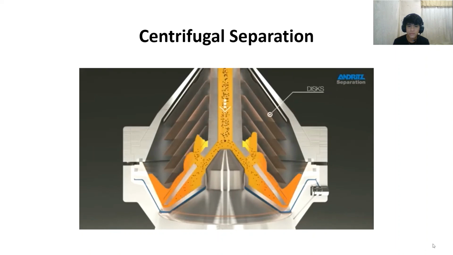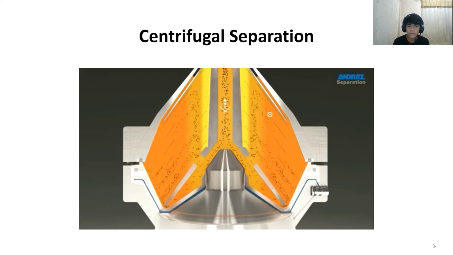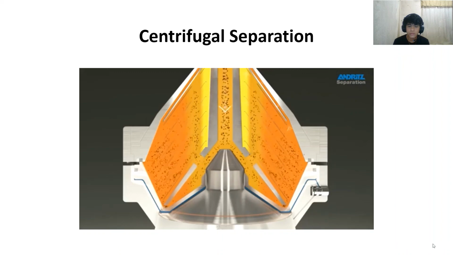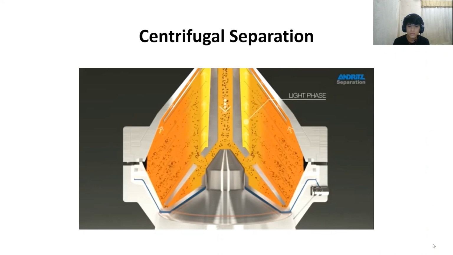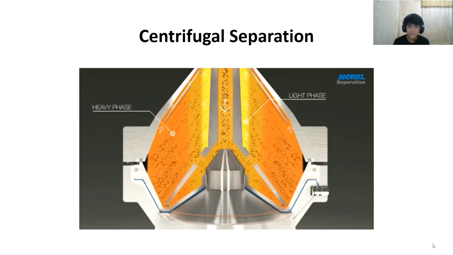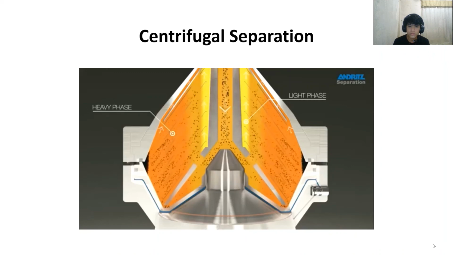It then flows into the rising channels and is separated through spaces between the discs. Separation takes place inside the bowl as a result of centrifugal force and the different specific weights. The light phase is concentrated in the inner part of the bowl, while the heavy phase is forced towards the outer part of the diameter.